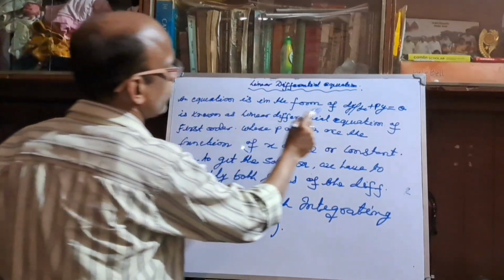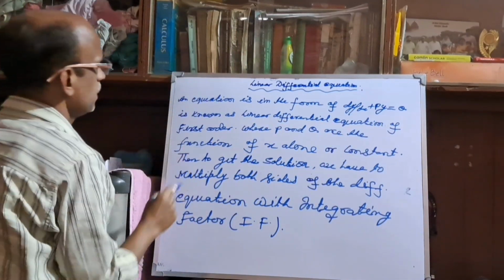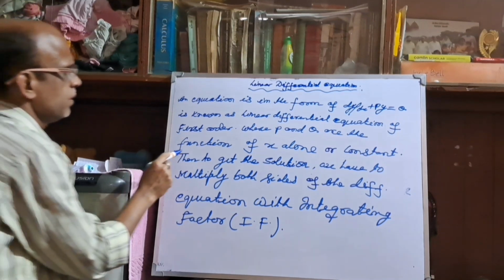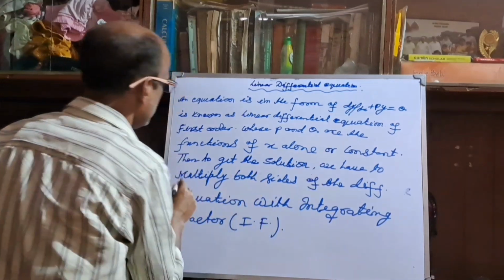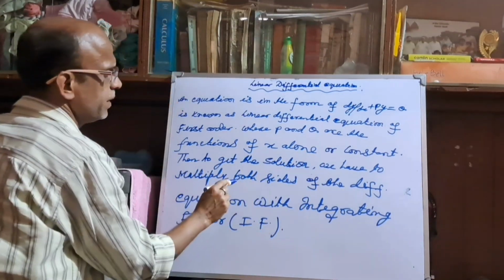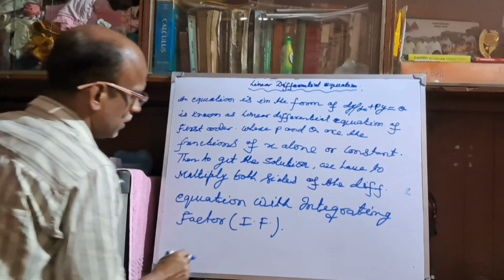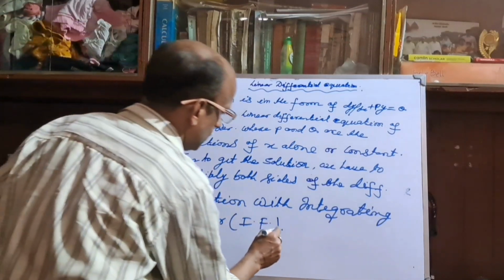An equation in the form of dy by dx plus py is equal to q is known as the linear differential equation of the first order, where p and q are functions of x alone or constants. Then to get the solution, we have to multiply both sides of the differential equation with the integrating factor, shortly denoted as IF. Okay, clear?